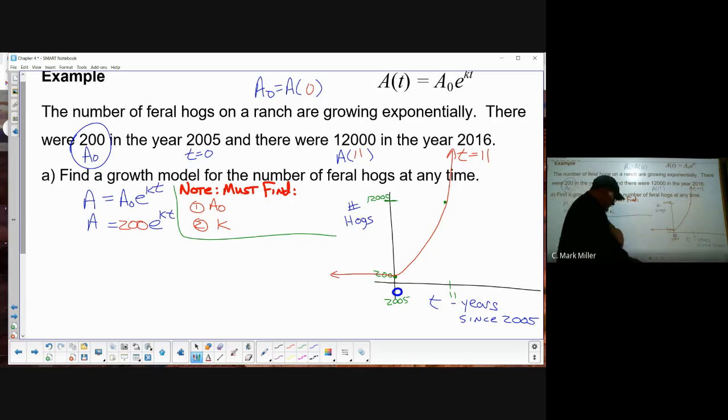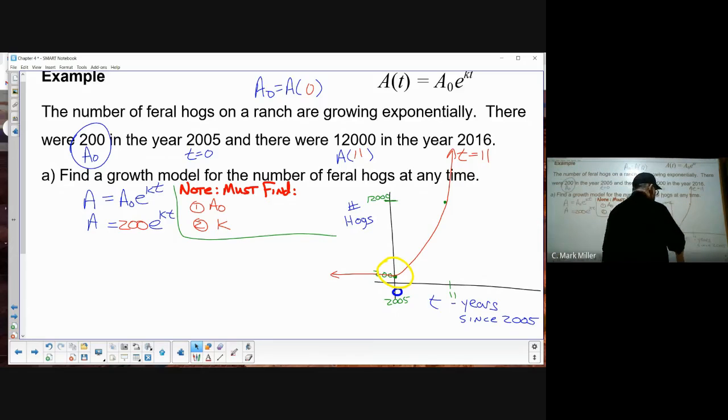So we have sort of harvested the information of this first point. In other words, we've used it. How did we use it? We used it with 200. This is saying when time is 0, the population is 200. We've used the information in that point.